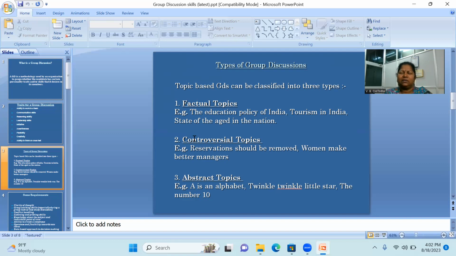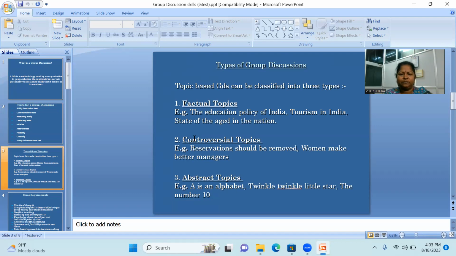Okay. So when one person argues against this topic, some others will be in favor of that topic, and this is controversial. Anytime you want to discuss this kind of topic, it will become controversial. That is why sometimes group discussions will be conducted on such controversial topics also.